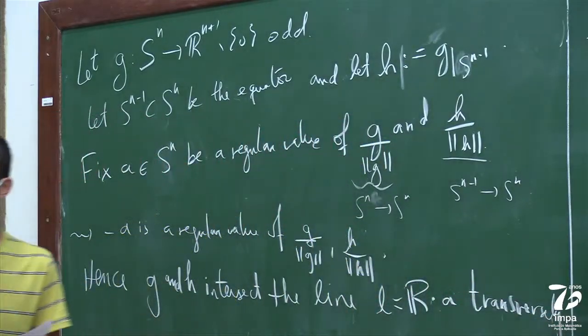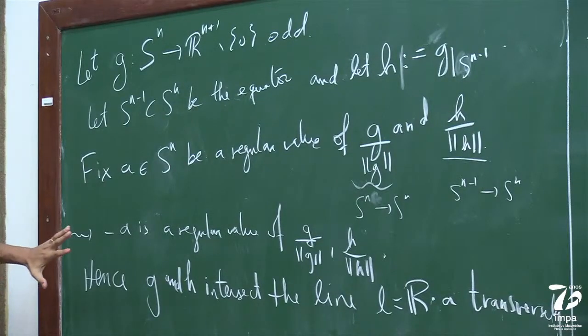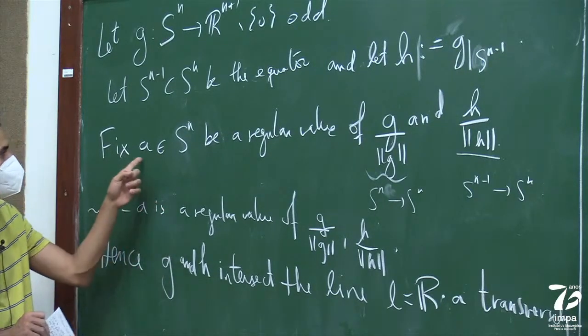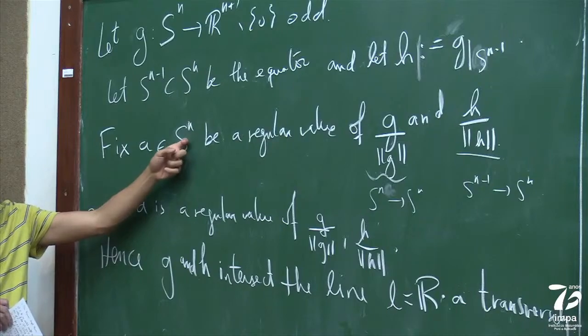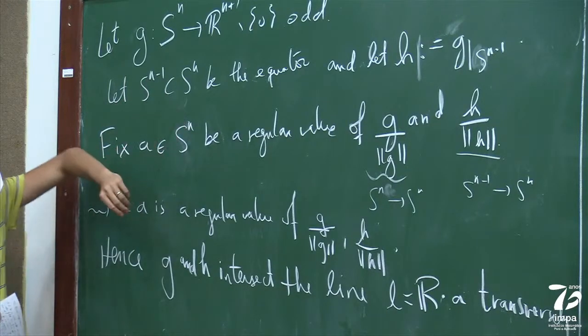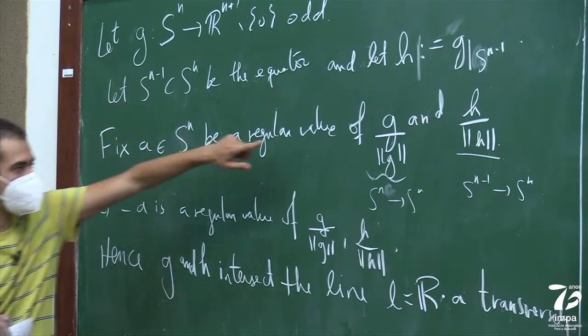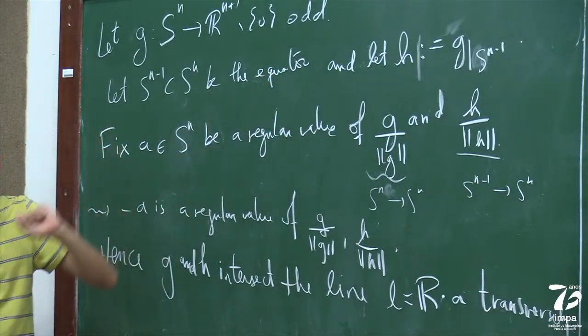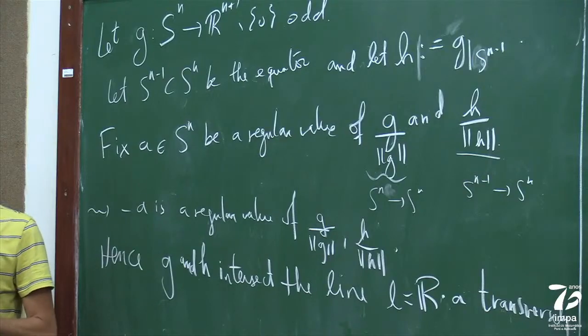Okay, this is a simple exercise, and I kind of drew a picture of this earlier today. If you intersect, when you divide by the norm, a certain value on the sphere transversely, meaning a regular value, then when you remove the condition of being divided by the norm, and you consider the whole line spanned by a, that intersection is transverse.